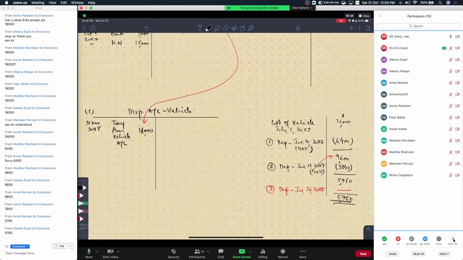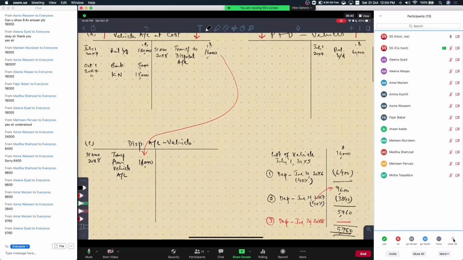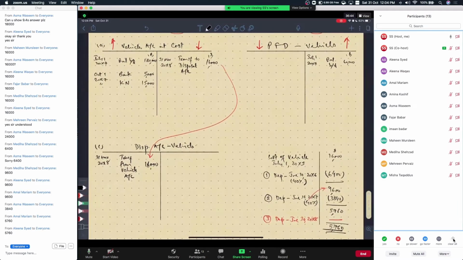So this is the mini depreciation schedule that we have been making. The purpose of this depreciation schedule was to identify the transaction history, and that is why we preferred using this method. And the purpose was to calculate the total accumulated charge of depreciation on the asset that we sold.